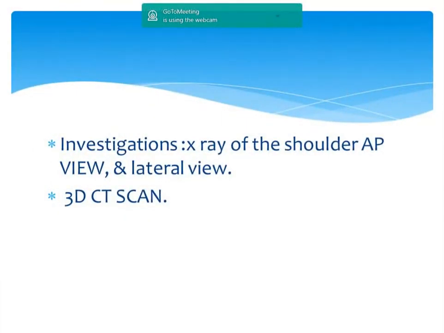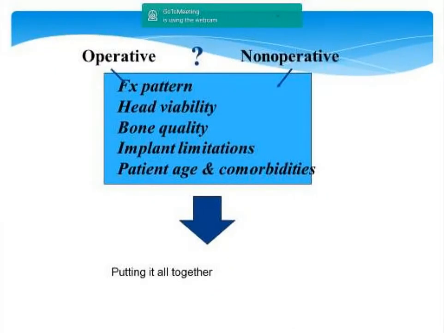Then X-ray of the shoulder, AP and lateral you need to take. If it is comminuted, more than three parts or two parts, then you need to take the CT scan also, 3D CT. Then you have to analyze whether to fix or not. Mean either to go for surgery or conservatively.